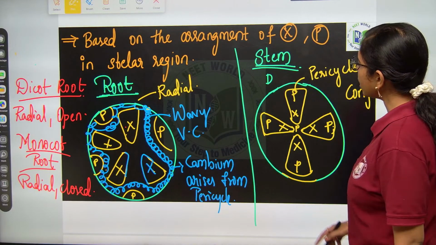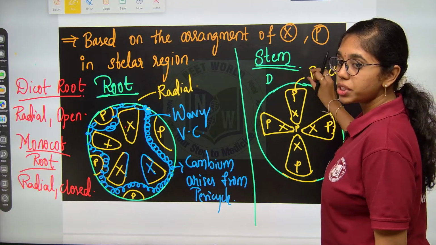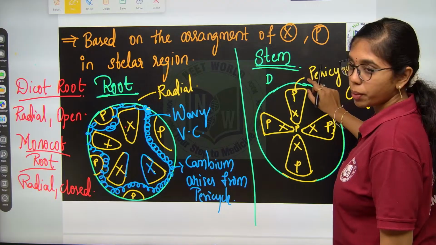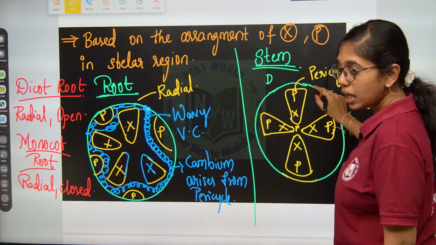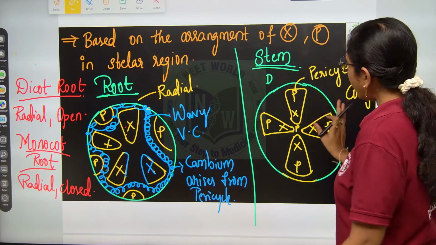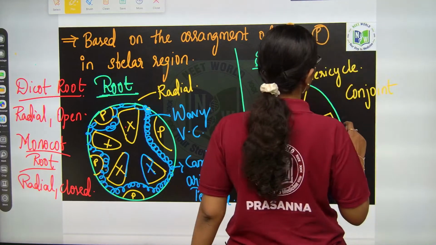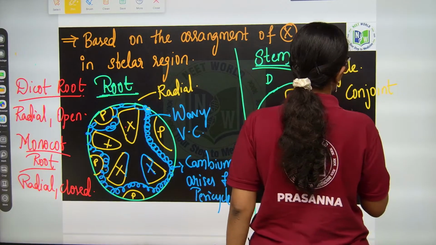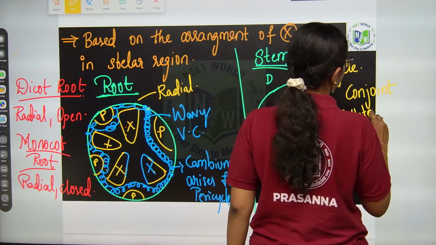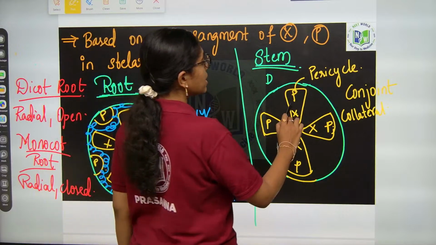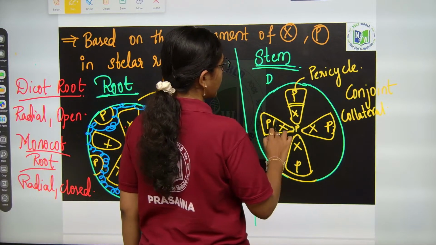Here phloem is arranged towards the periphery, or towards the pericycle, and xylem towards the pith center, and the two are lateral to each other. Such arrangement is called collateral, conjoint collateral. And here there is a cambium between xylem and phloem.